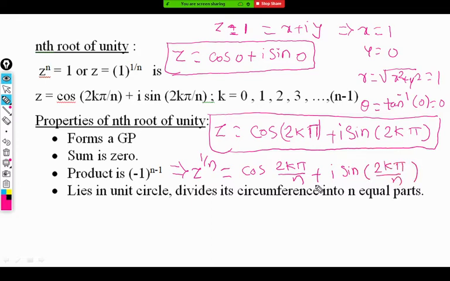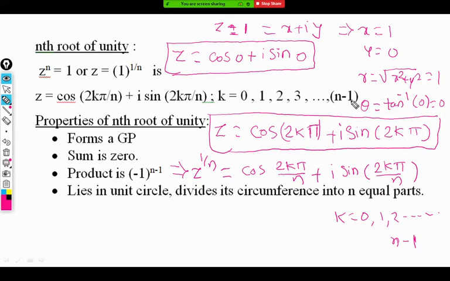So I will say cis of 2k pi upon n, where k takes the values 0, 1, 2 up to n minus 1. There is no need to replace these values because this is in general. We don't know what n is, 3 or 10 or 100.